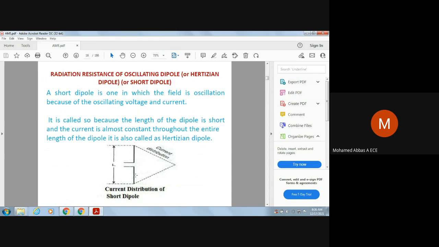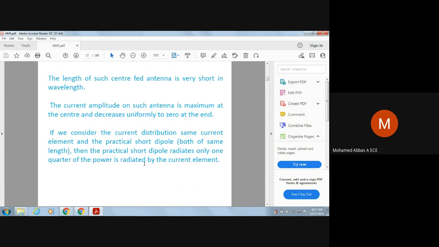The reason is we are feeding the Hertzian dipole at the center, so there is maximum current flow at the center, and gradually it reduces to zero towards the ends of the dipole. So the current amplitude of the Hertzian dipole is maximum at the center, and it decreases gradually to zero at the ends.